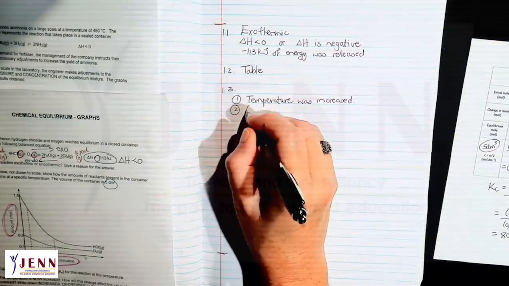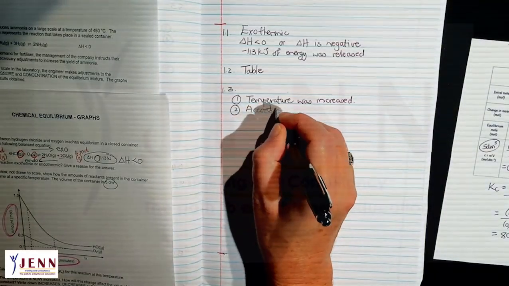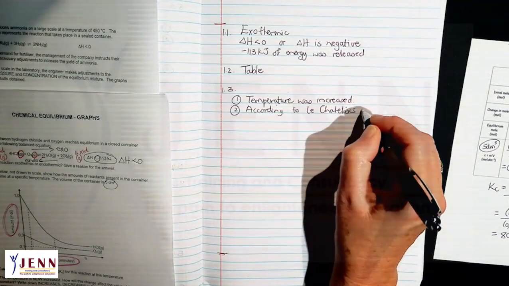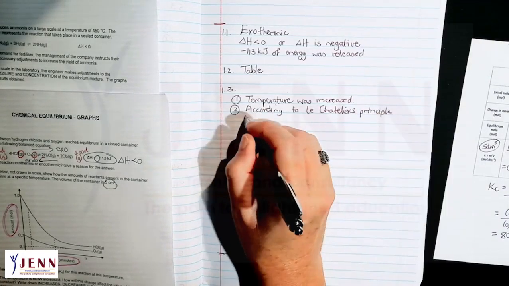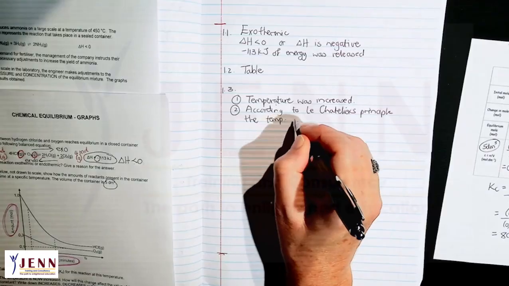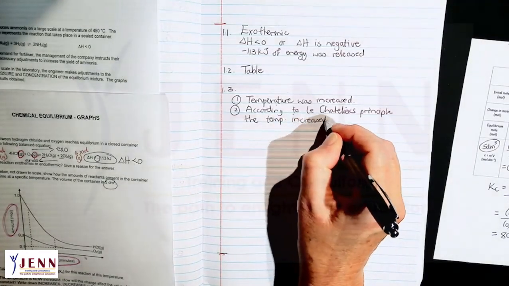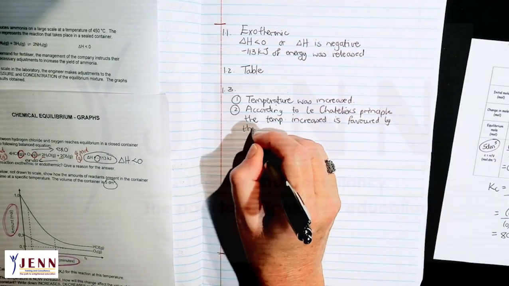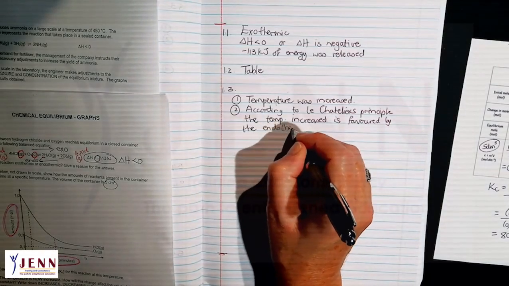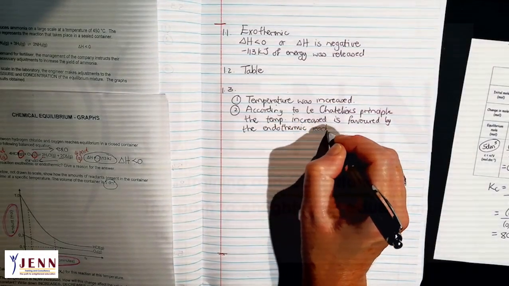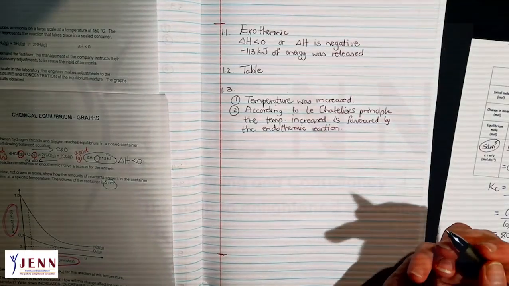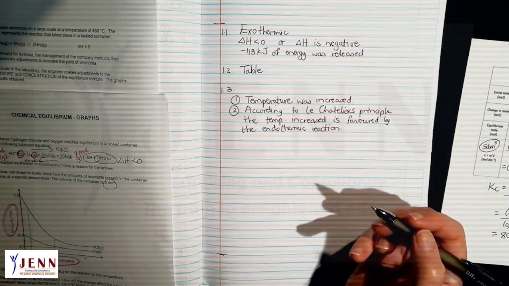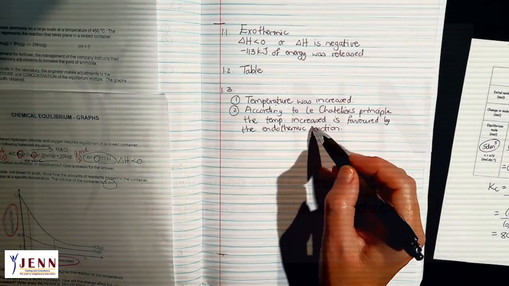So now I'm going to say according to Le Chatelier's principle, the temperature increased is favored by the endothermic reaction. Okay, so that is theory that you must know, and that was what I've done in the previous session last week. So that is out of the table, and I know that.